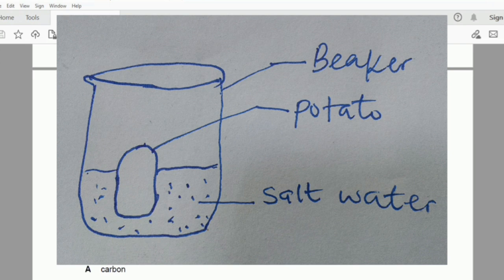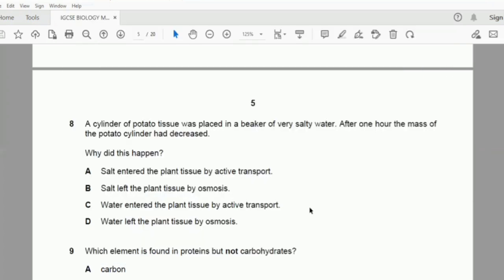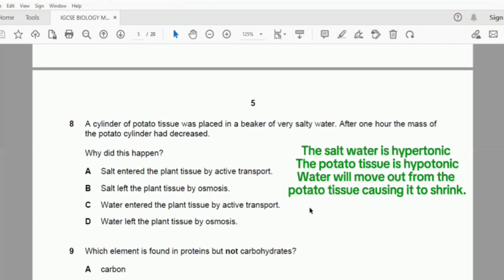So it means that if you place any of this tissue inside there, water is going to move out of the tissue into the beaker that contains salt, because inside your tissue is hypotonic, which means it has more water and less solute. So water is going to move out into the beaker containing salt water.